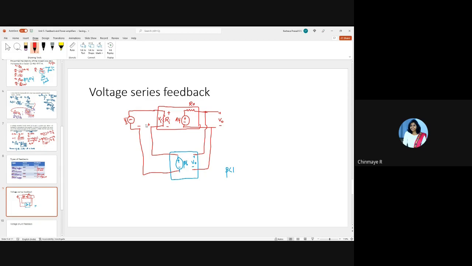So is this circuit clear? If it's clear, please make a note of it. Do you want me to go through this again?